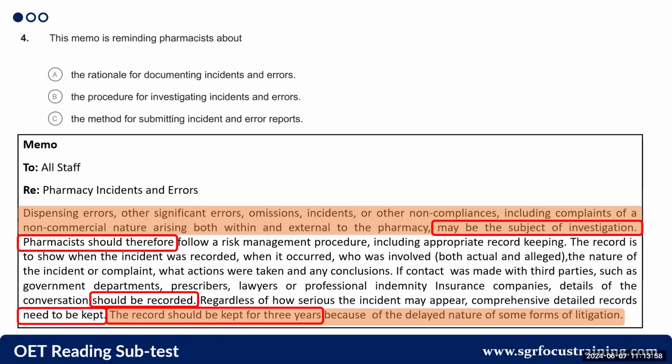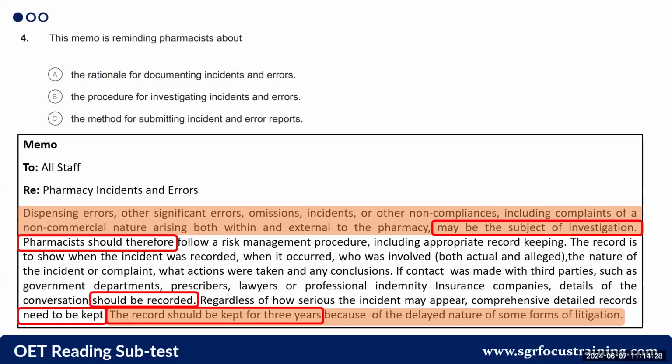You will see here that the word recorded has been repeated again on this part where it says if contact was made with third parties such as government departments, prescribers, lawyers, or professional indemnity insurance companies, details of the conversation should be recorded. So again, some things that should be recorded as pharmacists follow a risk management procedure.